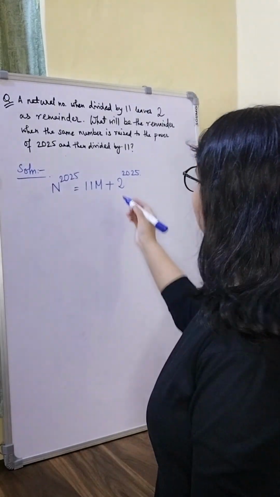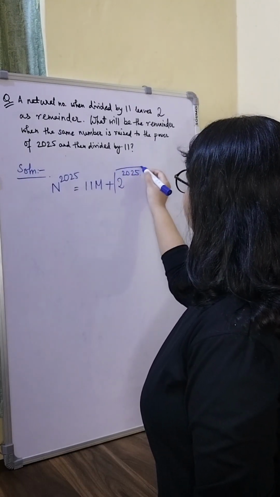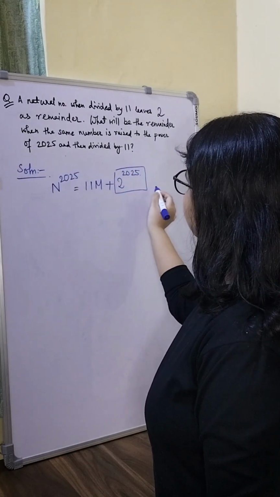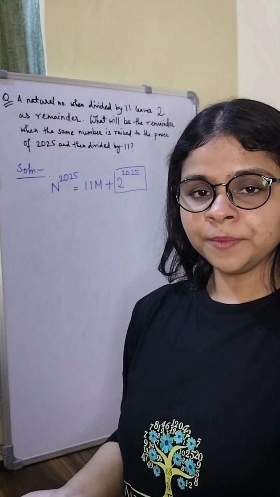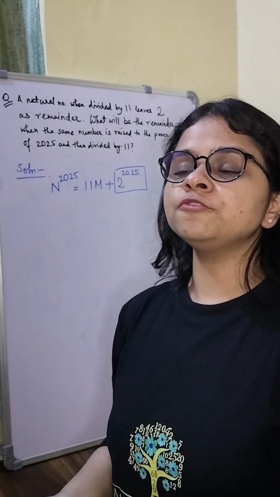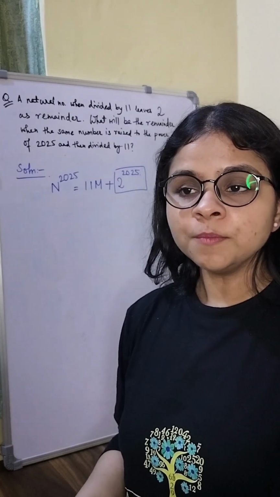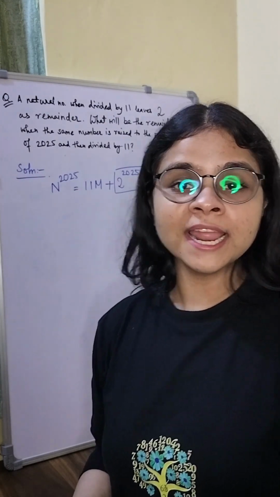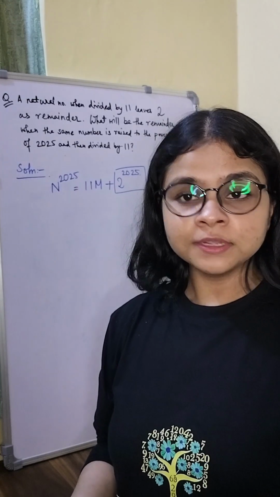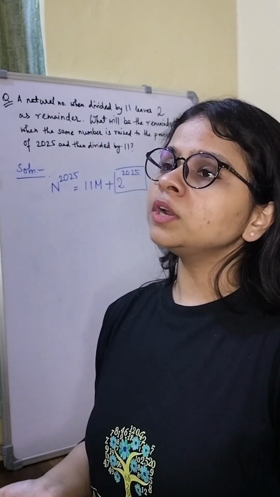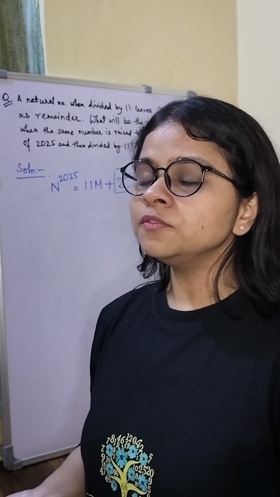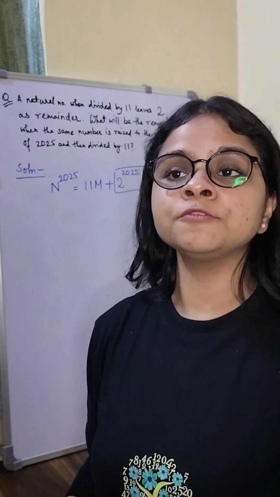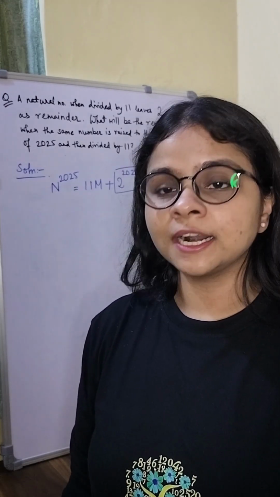So, 2 to the power of 2025, that is our problem over here now. Okay? So, we have to find a way to decompose it so that we can again bring it in terms of 11, right? What is that power of 2 which is very close to a multiple of 11? We have to check that.